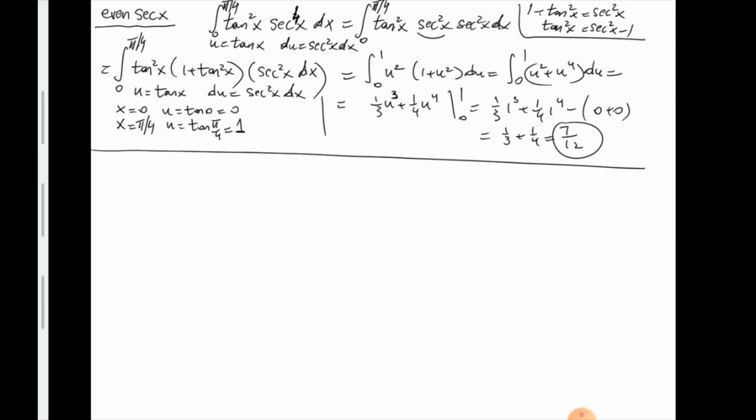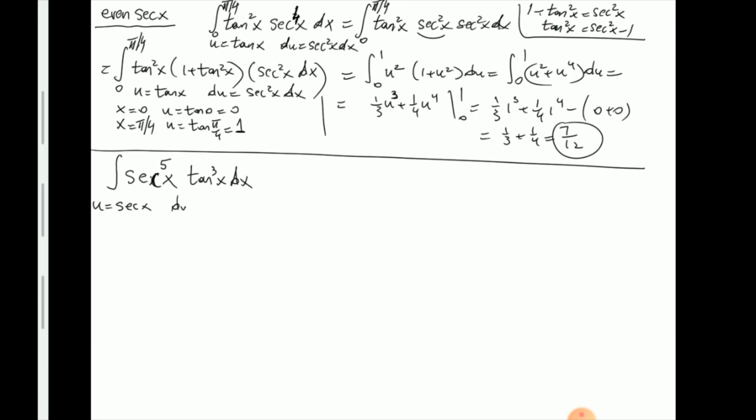So let's do an example now in which the power of tangent is odd, but the power of secant is not even, so that I cannot use the previous strategy. So let's say I have secant fifth x tangent third x dx. Okay, so in this case, the only way to go about is to make the substitution u equals secant x.